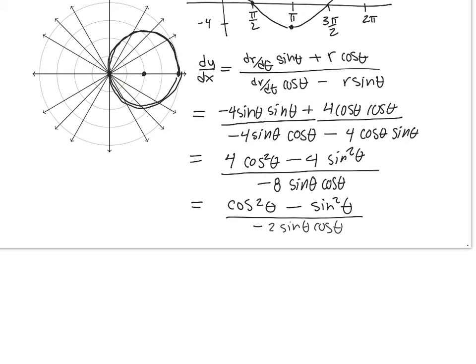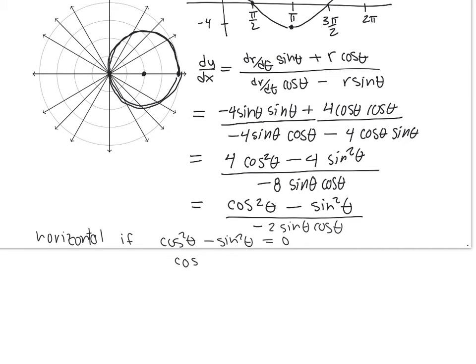So we will have horizontal tangents if cosine squared theta minus sine squared theta is equal to 0.